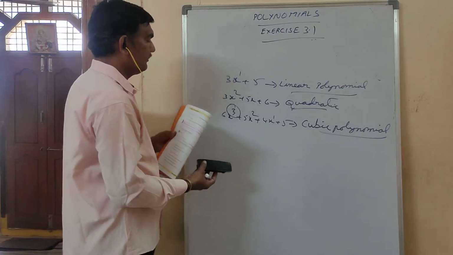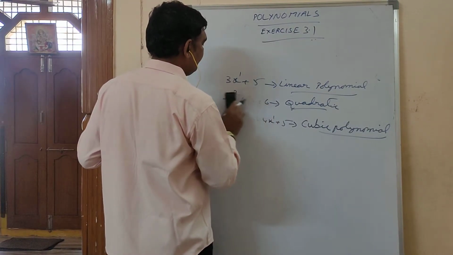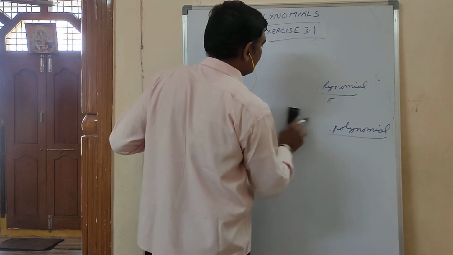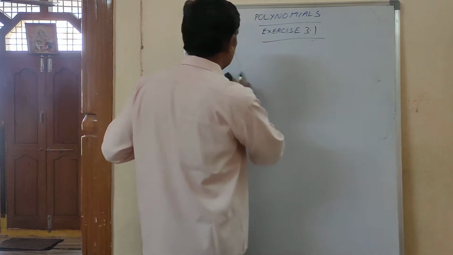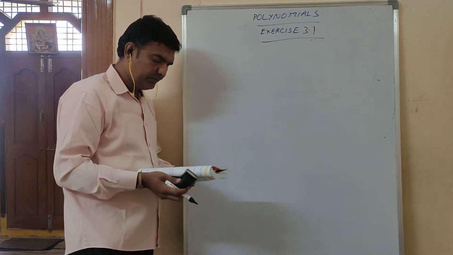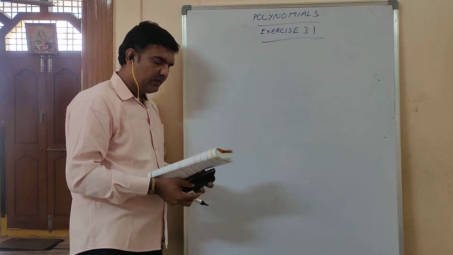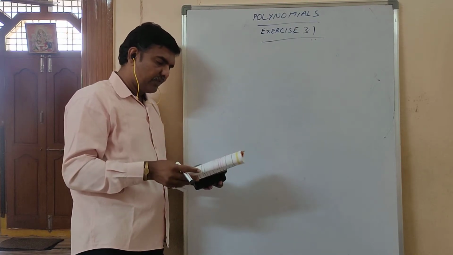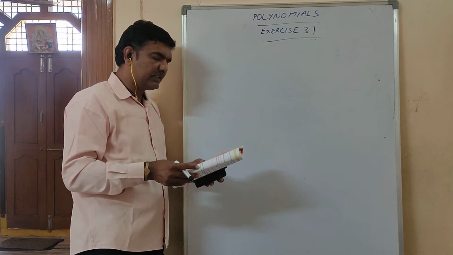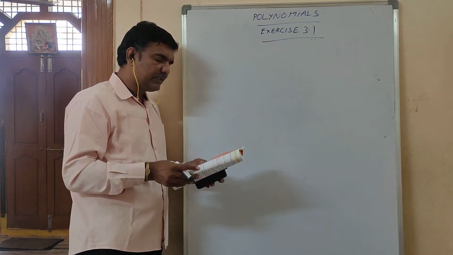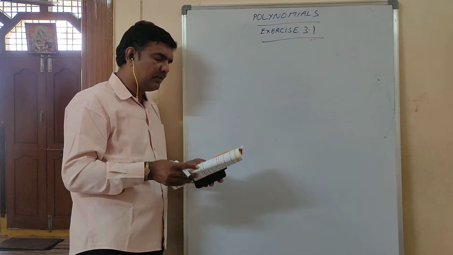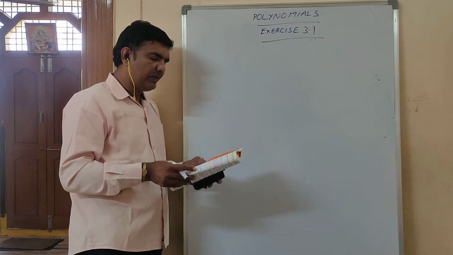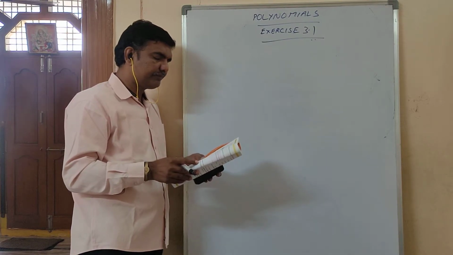Now, we will see exercise 3.1. They gave p of x is equal to 5x power 7 minus 6x to the power of 5 plus 7x minus 6. What is the coefficient of x to the power of 5?